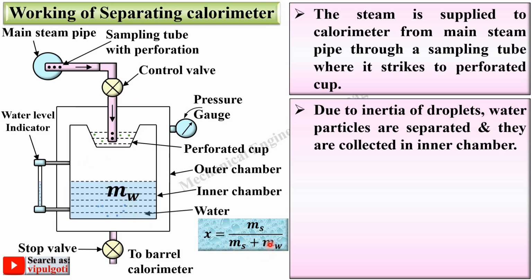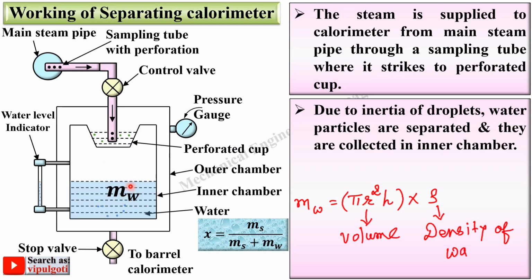One parameter that you can definitely find with the help of this water level indicator. You know that this is a cylindrical chamber. So pi r square into h gives the volume, and by using the specific gravity of the water you can find the mass of the water. So this is very simple.